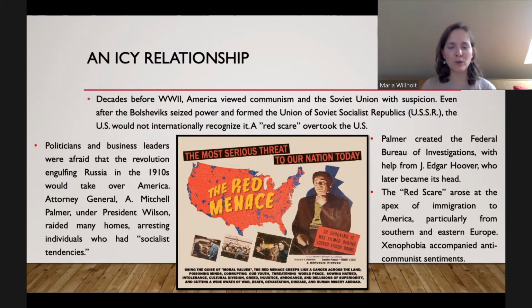But J. Edgar Hoover helped Palmer to lead these raids, and he would unlawfully spy on people, listen in on their telephone conversations, put bugs, microphones in their homes of anybody whom he suspected were pro communist or pro socialist or had any sort of sentiments towards the Soviet Union. Again, this was a very paranoid moment in American history.